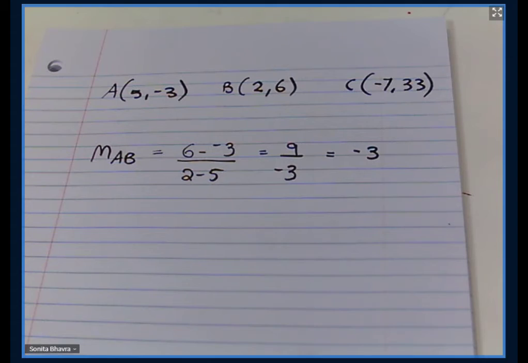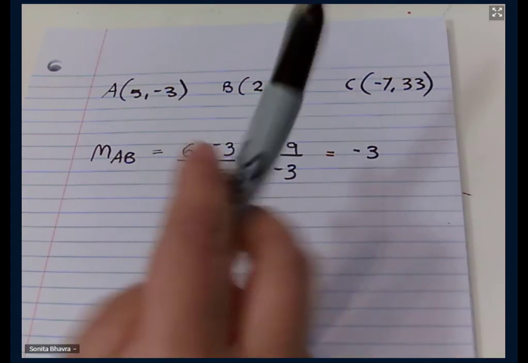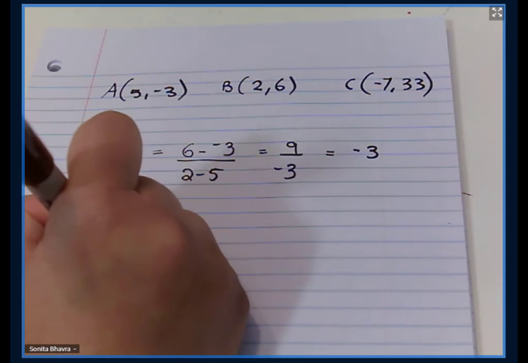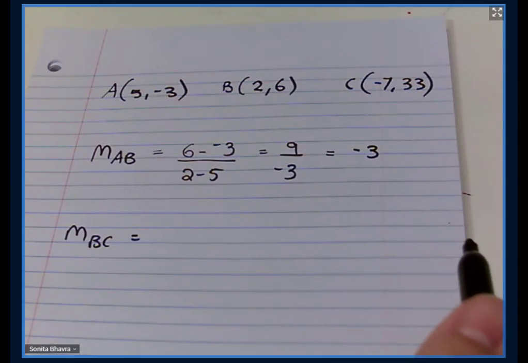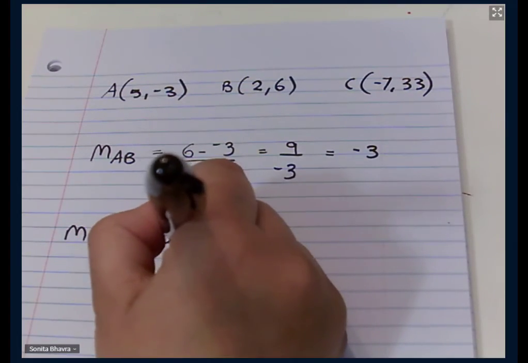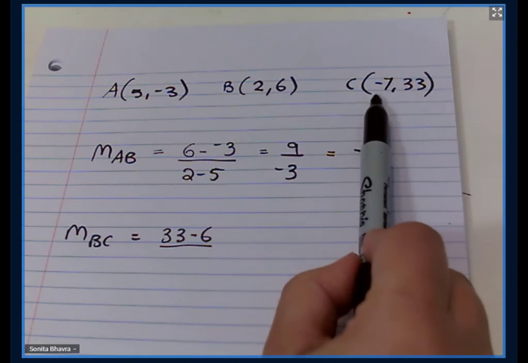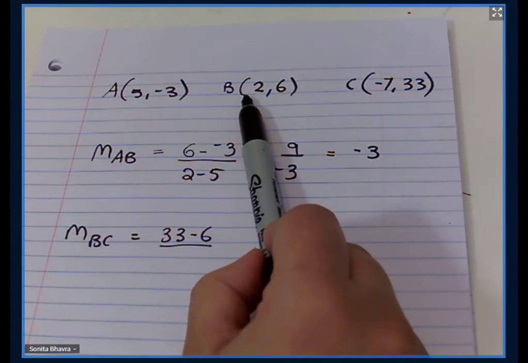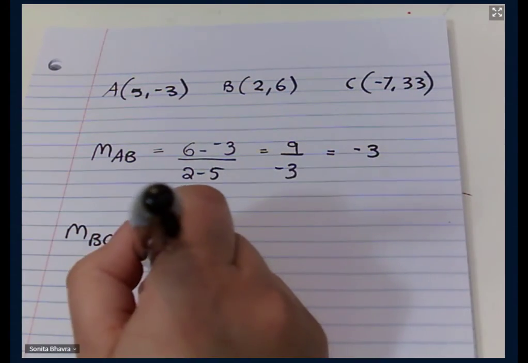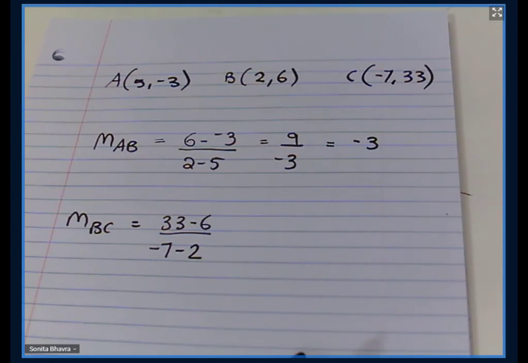All right, next let's calculate the slope of BC. So the slope of BC, I can use 33 minus 6 for my rise or my Y values, and then negative 7 minus 2 for the x values.